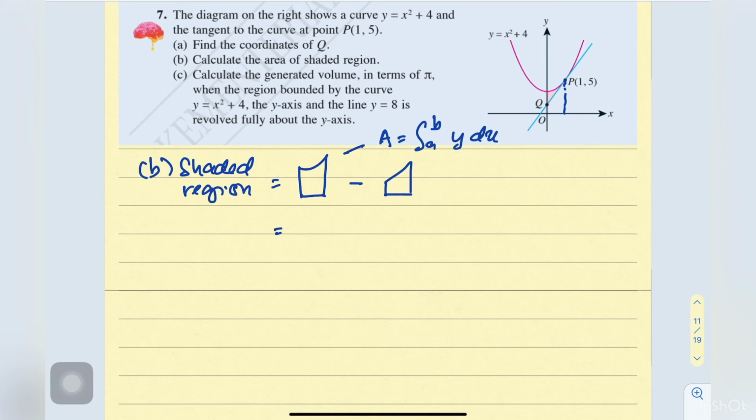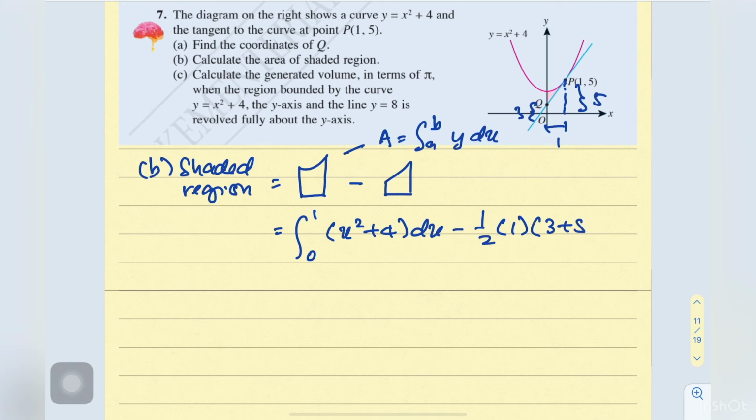The lower limit is 0, the upper limit is 1. Then y is x squared plus 4 dx, minus the trapezium: 1 over 2, base is 1, the sides are 5 and Q just now is 3, so 3 plus 5.